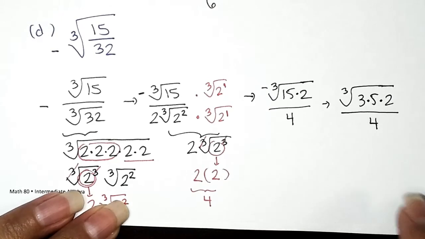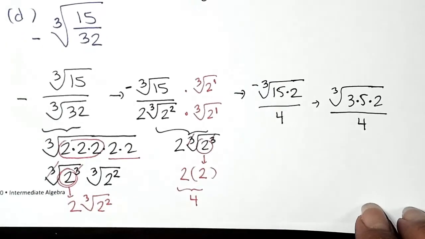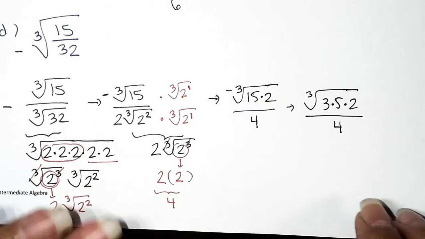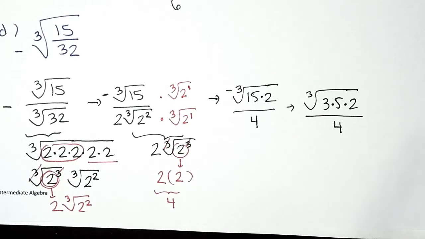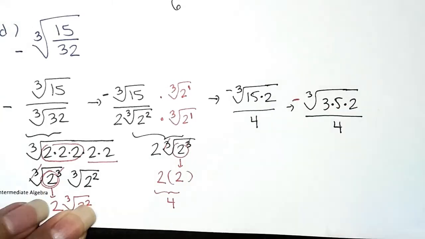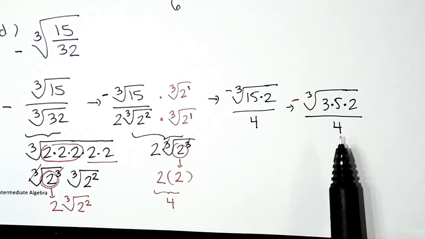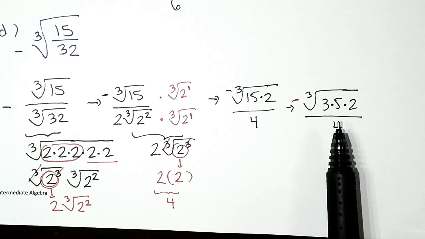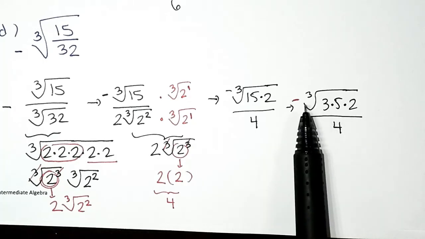And now the question I'm going to ask myself is this: is that top radical simplified? And the answer is yes. Why? Because, oh, the negative. I think I'm going to start circling the negative so I don't forget. Okay, so is that top radical simplified? And the answer is yes. Why? Because the index is 3.